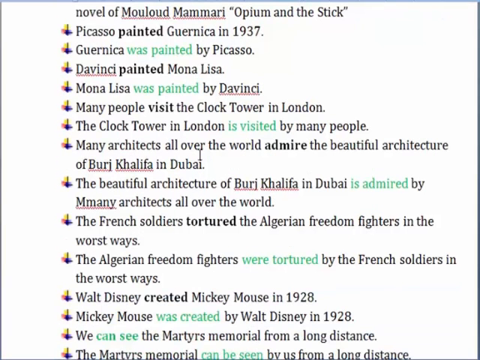Many architects all over the world admire the beautiful architecture of Burj Khalifa in Dubai. So the beautiful architecture of Burj Khalifa in Dubai is admired by many architects all over the world.